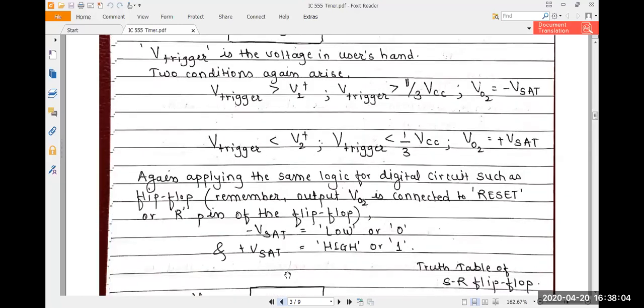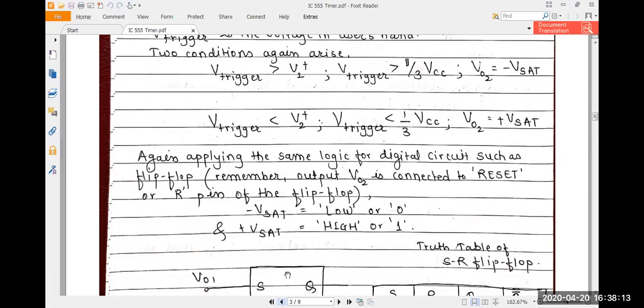Again, the same thing. If the output is plus V sat, then we are going to consider it as a high input, and when it is minus V sat, then we are going to consider it as low.